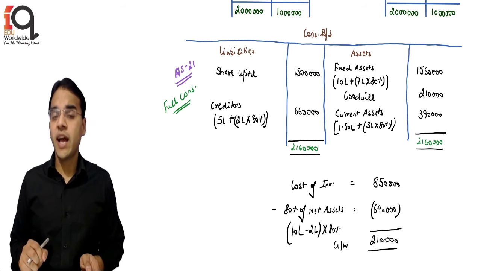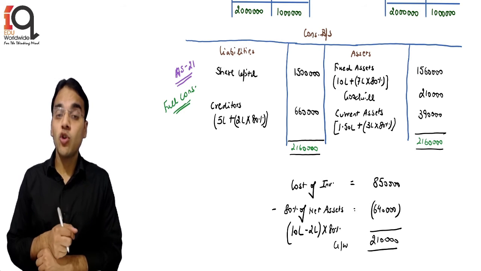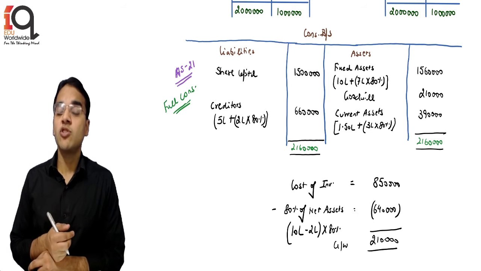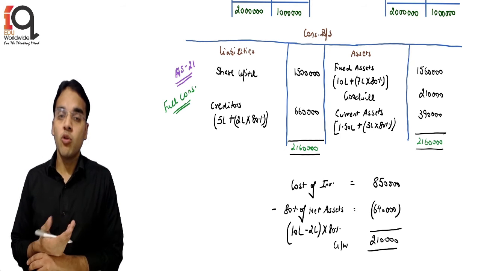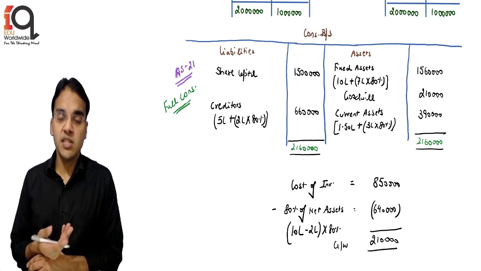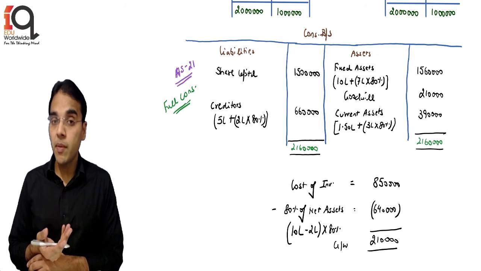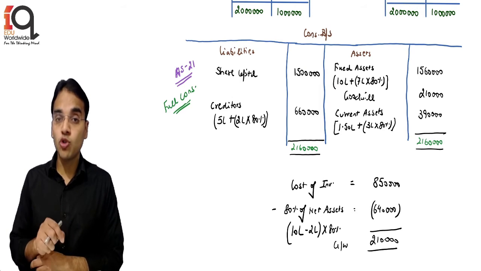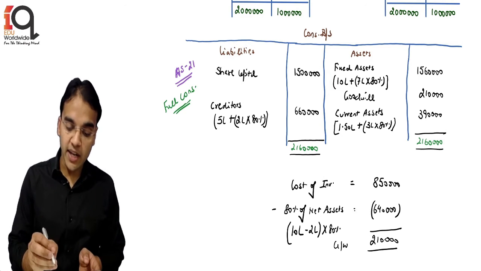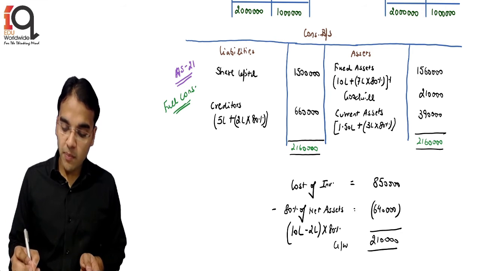Full consolidation actually means that even though we are not having 100% of the shares of the other company, because obviously a holding subsidiary relationship can be formed even if it is more than 50%, even if it is 60, 70, 80, 90%, if it is less than 100%, the relationship will be there and consolidation will be made. But we have to make full consolidation. That means we have to show all the assets, all the liabilities in totality. That means 100%. So that actually means we have to show the remaining 20% as well.